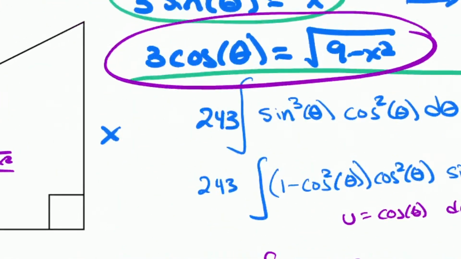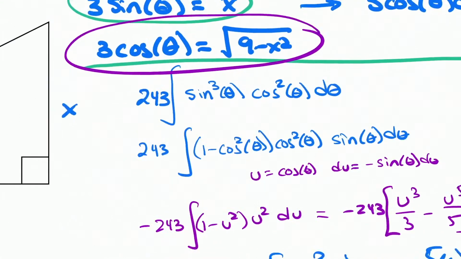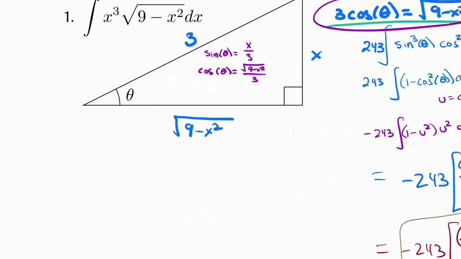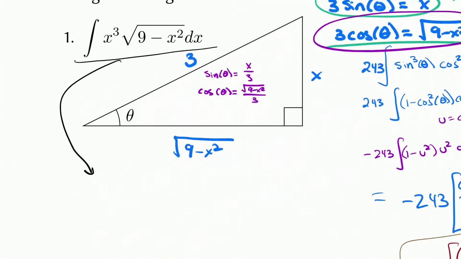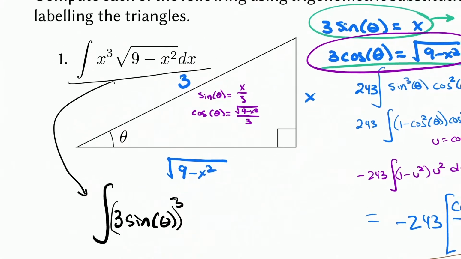Oh, the very top line? Yeah, I just skipped this. I'll write down the step that I skipped. I'll put it down here. It has to do with going from here to the cosine. So we have the integral of 3 sine of theta to the third, that's x cubed using the thing in the upper right corner.